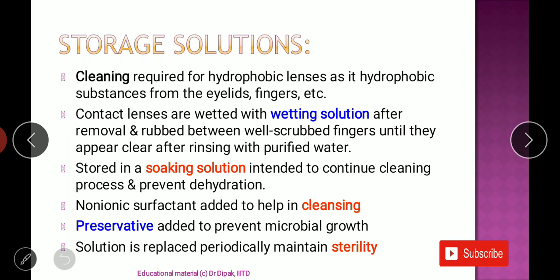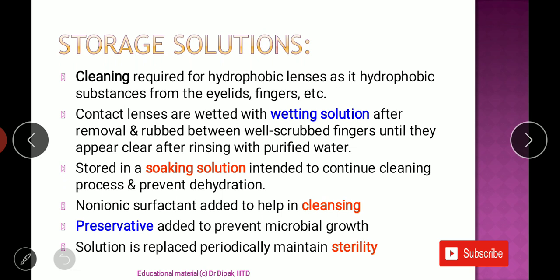Cleaning is required for hydrophobic lenses, as hydrophobic substances from the eyelids and the fingers will stick to the contact lenses. Contact lenses are wetted with the wetting solution after removal and rubbed between well scrubbed fingers until they appear clear, and then they are stored in a soaking solution intended to continue the cleaning process and prevent dehydration of the contact lenses.